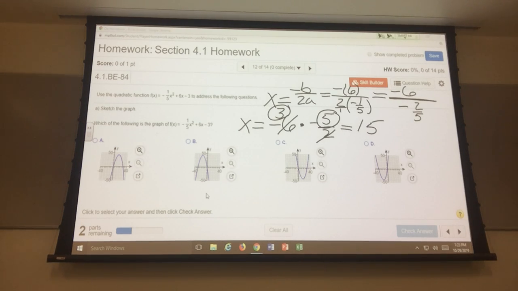Right? So that part's the important part, because now we know that it's on the positive side, so that means it has to be A. Right? You can also then choose another point on the graph, plug in that x value, see if you get what you think you should get based on this graph, right?